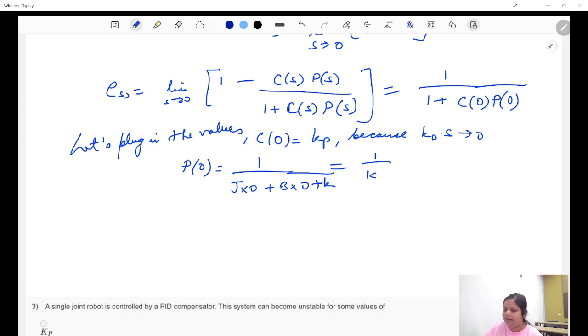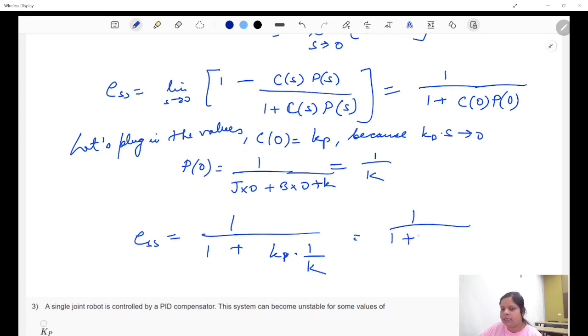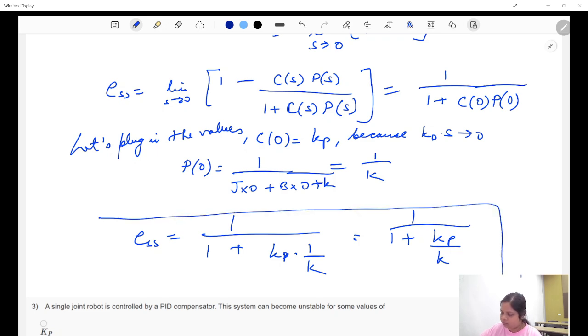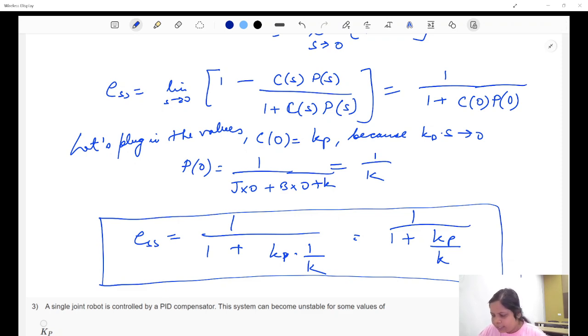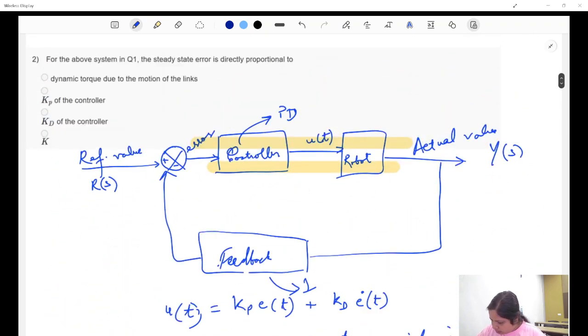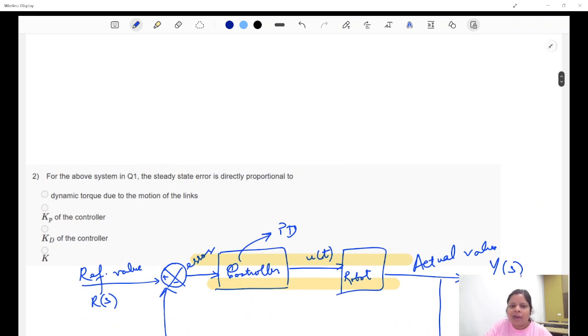So it is 1 by K. So your steady state error actually becomes 1 upon 1 plus Kp into 1 by K, so it becomes 1 plus Kp by K. So from here your steady state error is 1 upon 1 plus Kp by K. Now let's move back to the question.